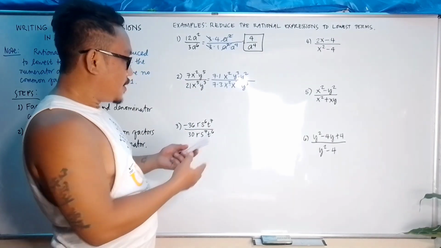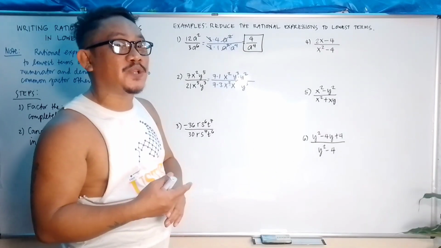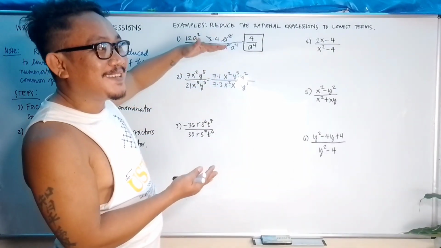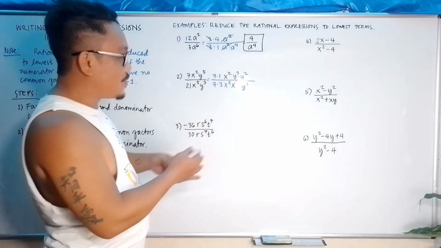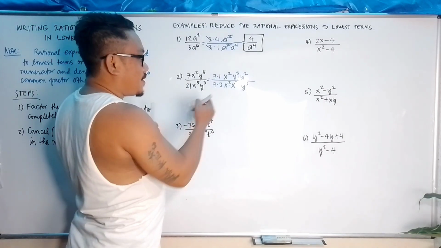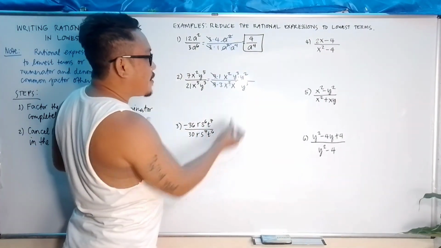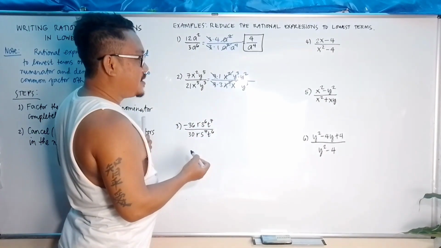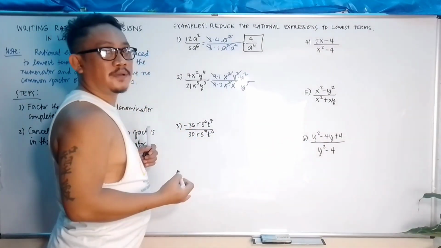Okay? So, at this point, makakancel na dayon ta, no? Makita na nato unsay common nga factor sa numerator o denominator, right? So, makita na nato. Na-isolate common na 7, so we can cancel out. Okay, how about the x squared? We can cancel out. And, what else? Y cubed, we can cancel out.